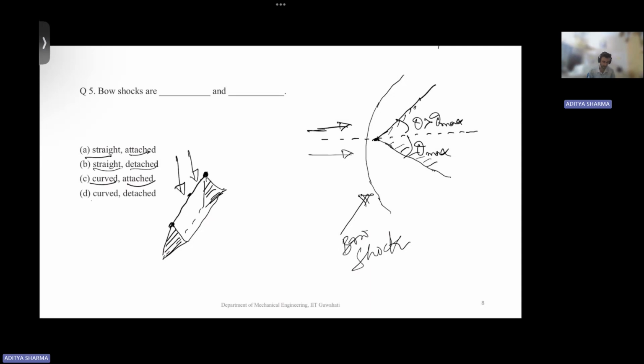They are curved and attached. They are curved and detached. So they are first of all detached. Okay, so there is a gap between this point and this point. There is a gap. So these are detached. Okay, but then they are curved also. Okay. So in that case, D option comes out to be the correct option.